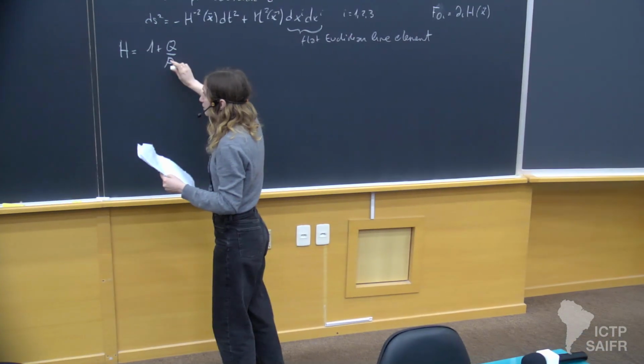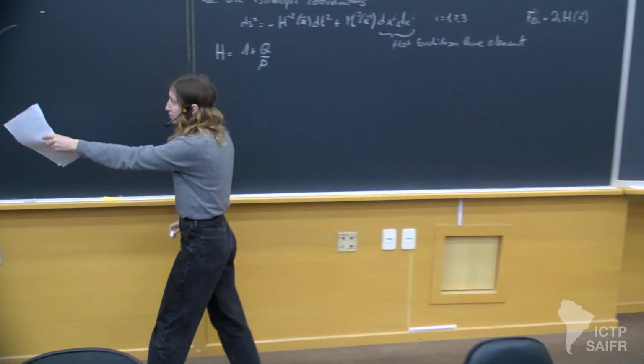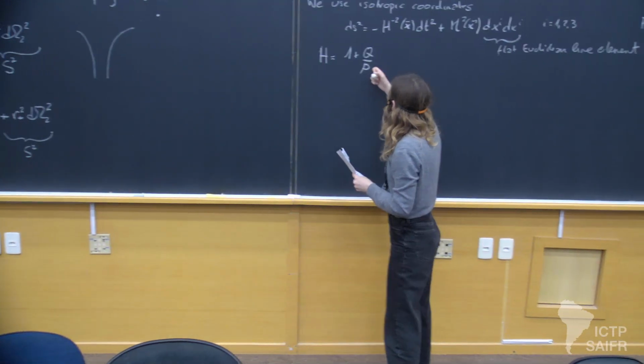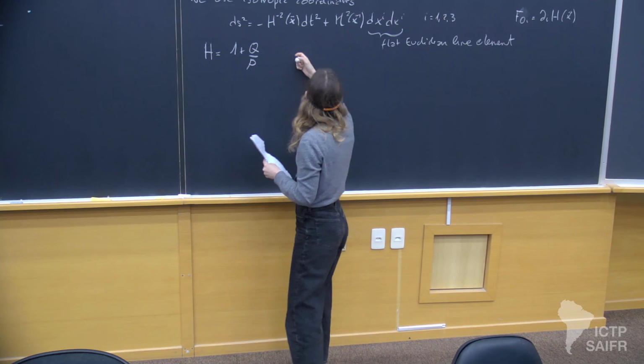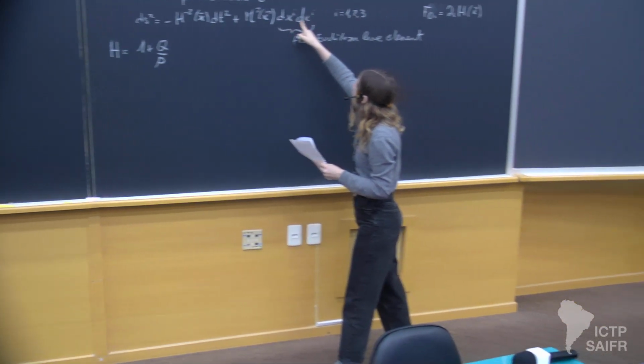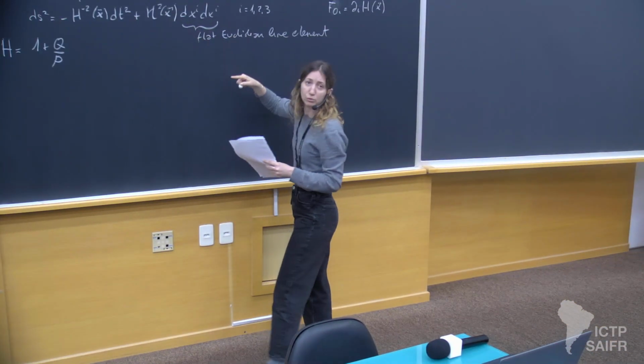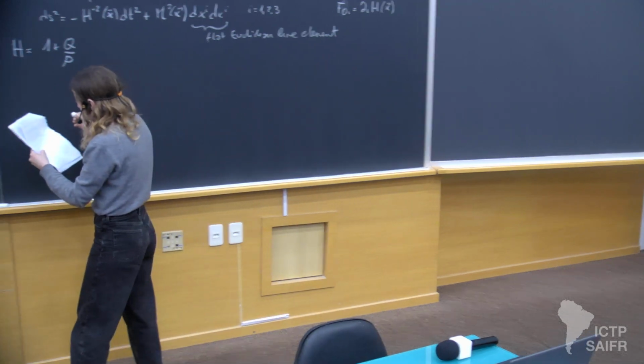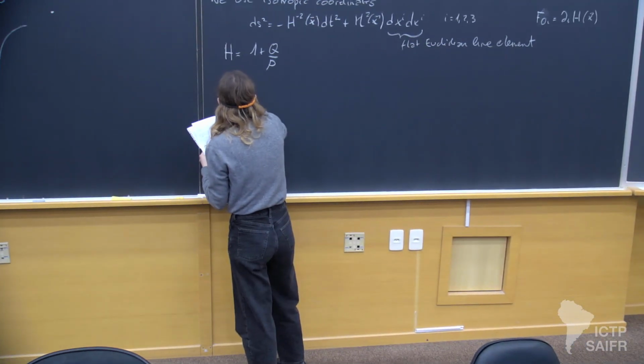So first of all, the solution that I put there, the extremal solution, the single center solution, is given by this value here, where rho is the square root of x1 squared plus x2 squared plus x3 squared. But the solutions to the Einstein's equation are actually much more general.